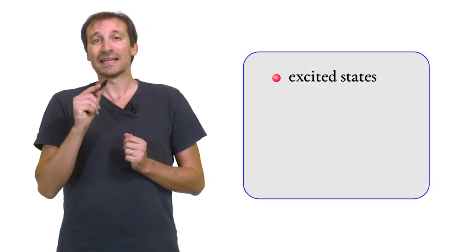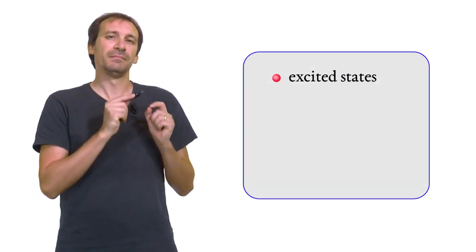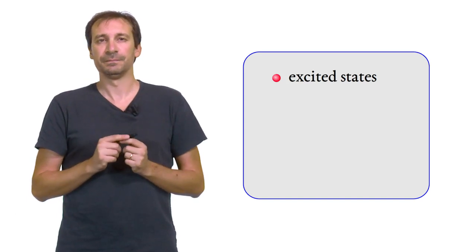But what about other observables that are not necessarily related to the minimization of the electronic total energy? Well, this is something less obvious, but strictly speaking, and we will see that, even the excited states of a system are observables of DFT.